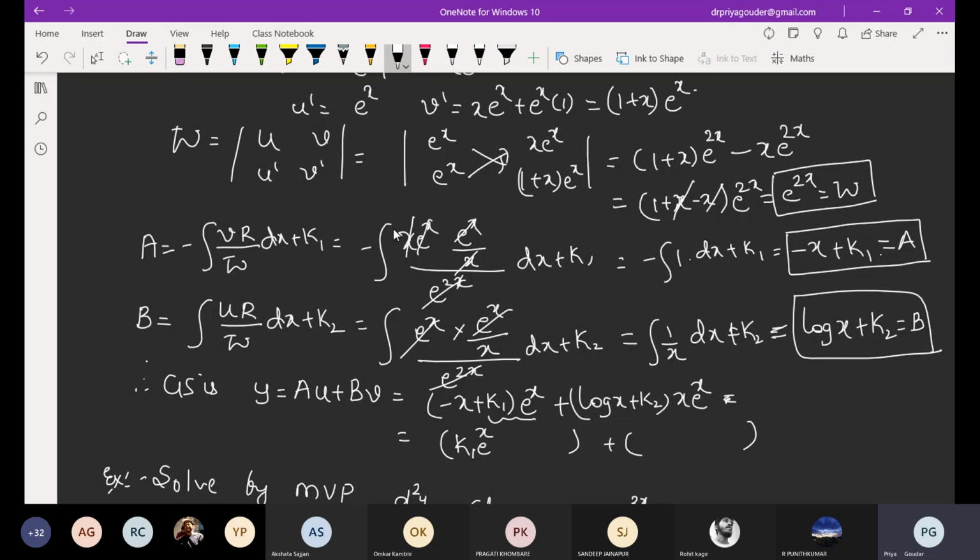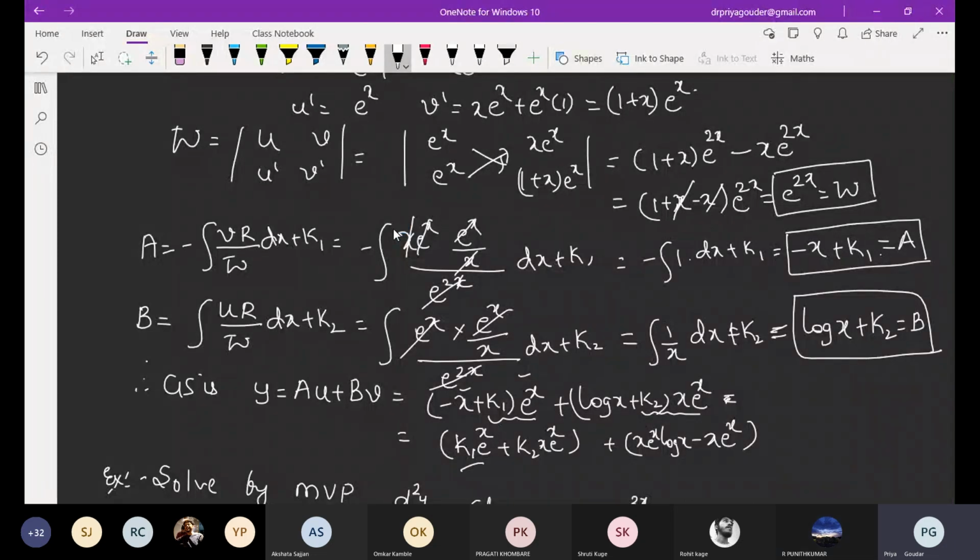What is the term containing K2? K2 x e raised to x. Now other terms means remaining: minus x e raised to x log x. Hope clear. You actually get 4 terms.